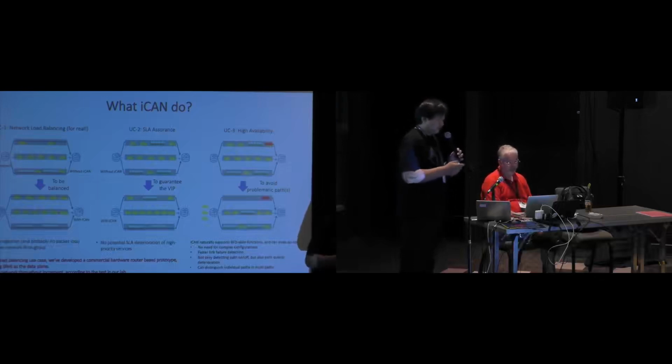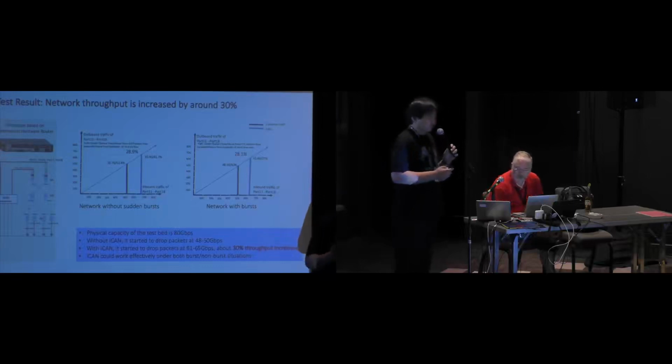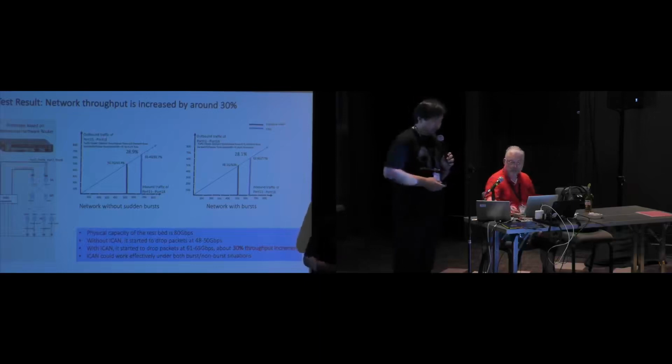And for use case one, the network load balance, we have already implemented a prototype based on a commercial hardware router. And according to our test in the laboratory, the whole network throughput could be increased up to 30%, which is a really good result.